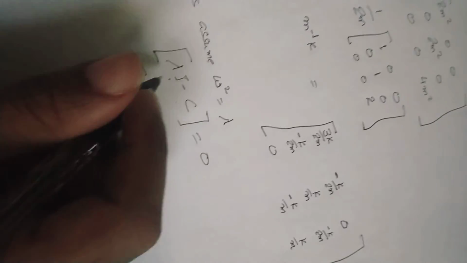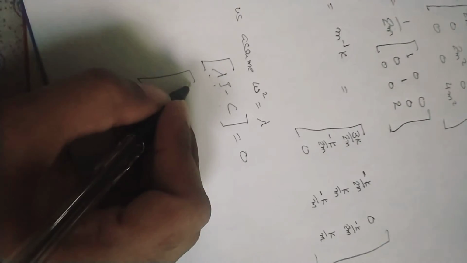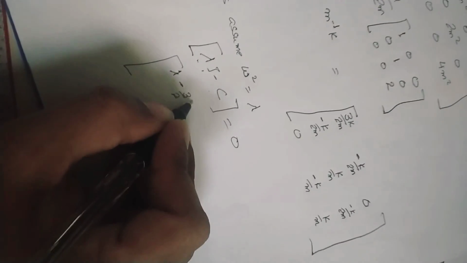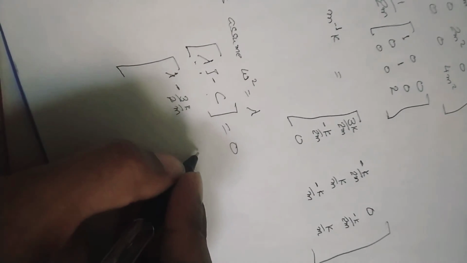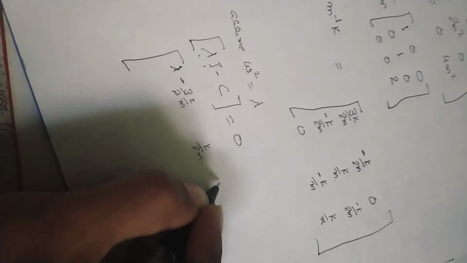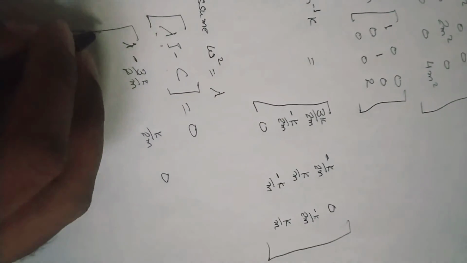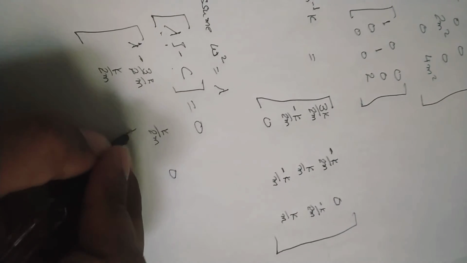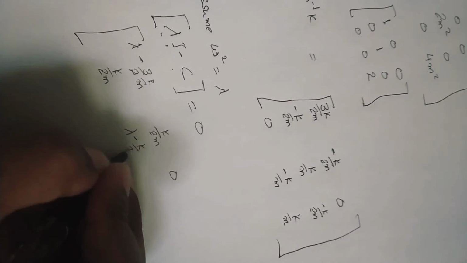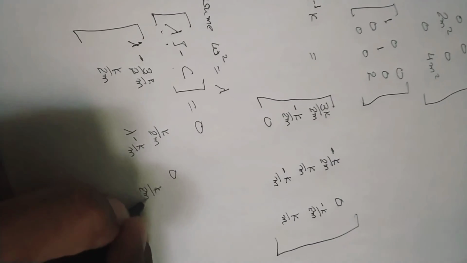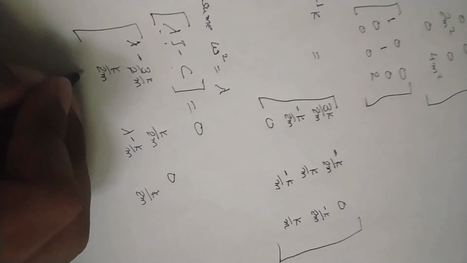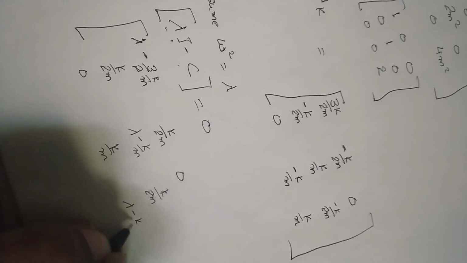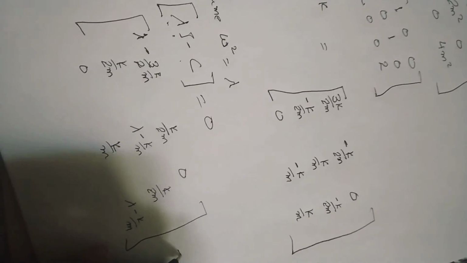Now converting it into the form lambda I minus c: lambda minus 3k by 2m, plus k by 2m, 0; k by 2m, lambda minus k by m, and k by 2m; and the third row will be 0, k by m, lambda minus k by m, equal to 0.